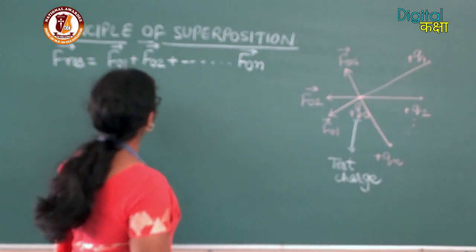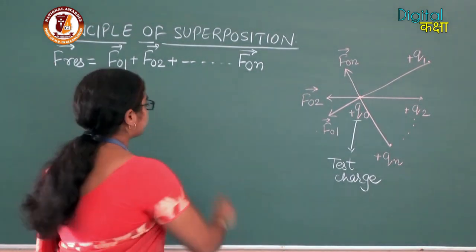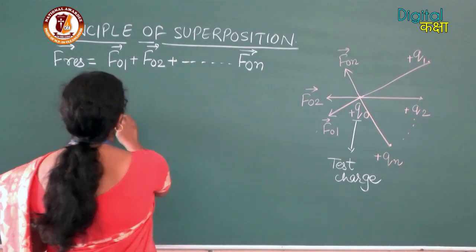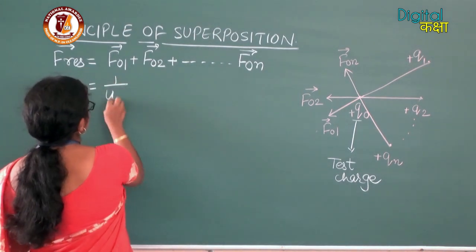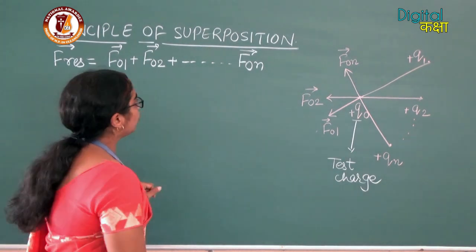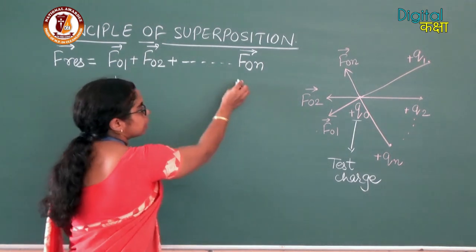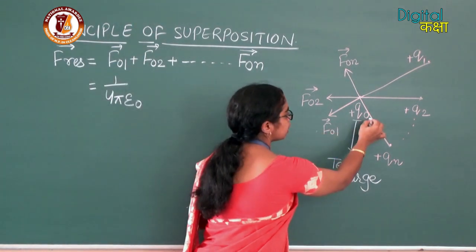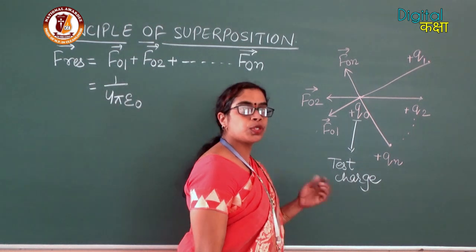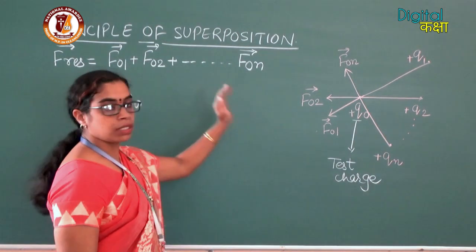In order to get the formula, we will be using Coulomb's law. According to that law, the force is given in this way. As you can notice, this term, that is Q0, which has come from the test charge, is common in all the terms.